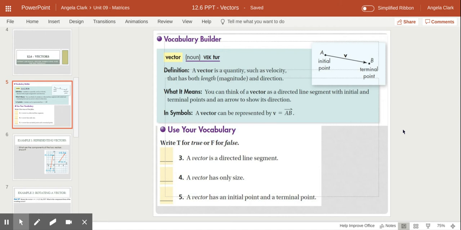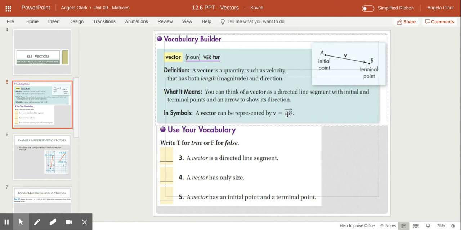But if I say I'm going 60 miles an hour east, that's going to be a velocity. That's going to be a vector because I told you what direction I was going. So vectors have a magnitude and a direction. And that's why we have a head and a tail, because distinguishing the head from the tail tells us which direction we're going.